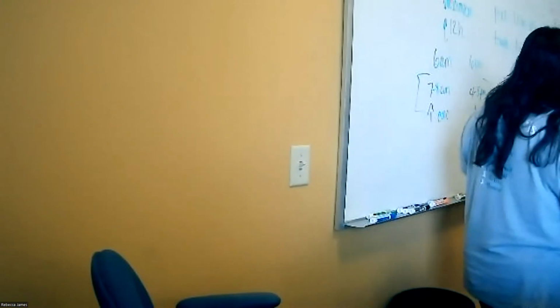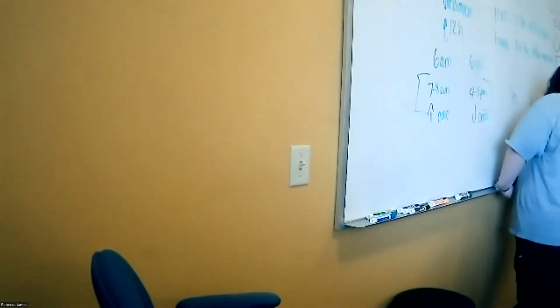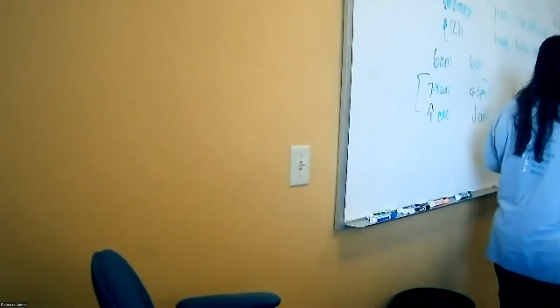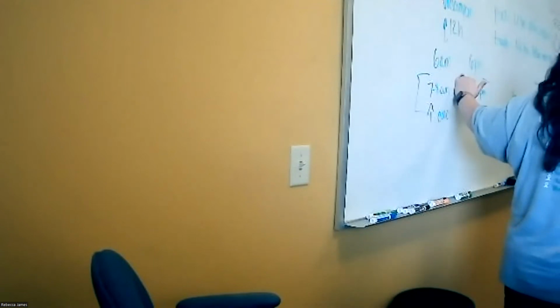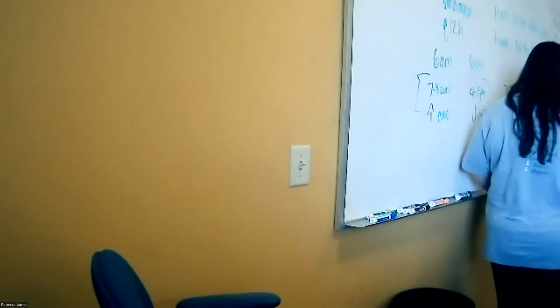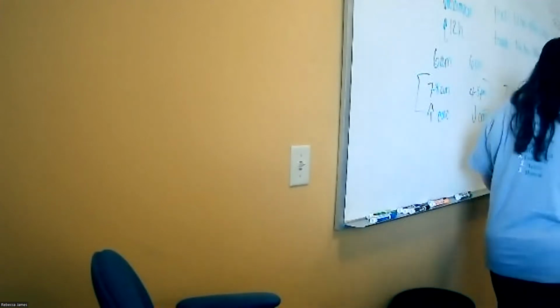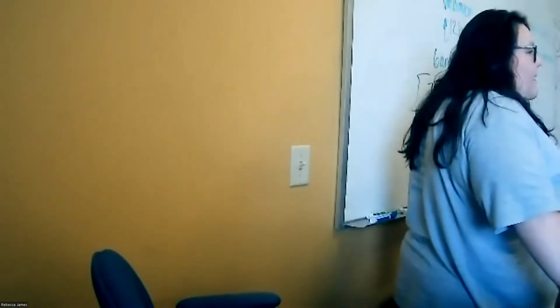Well, let's just say that a peak level is between 4 and 6. And after their 6 a.m. dose, their peak level is 2. What might they need to do?